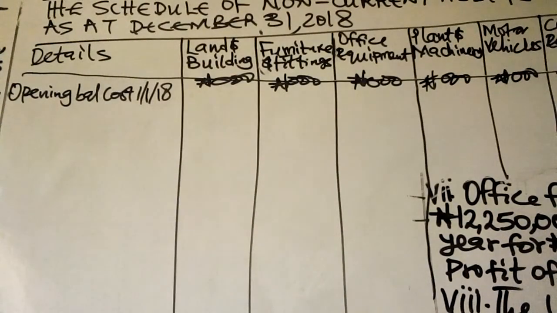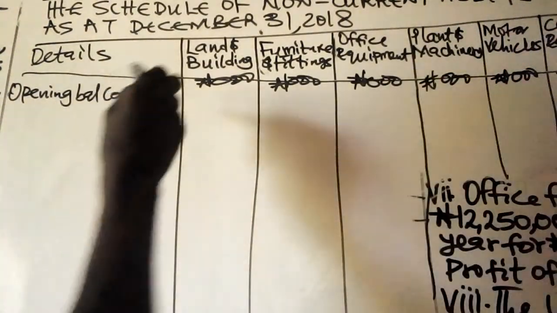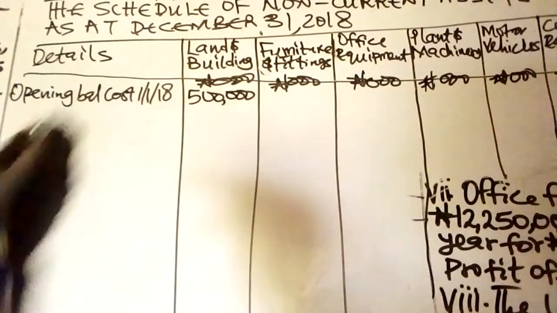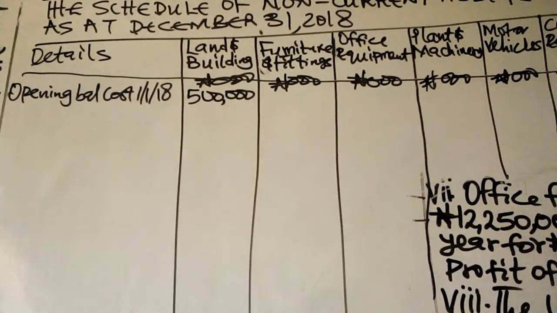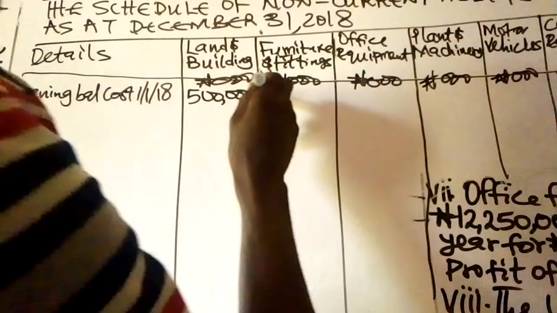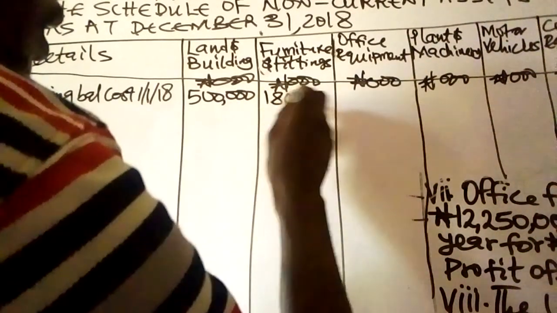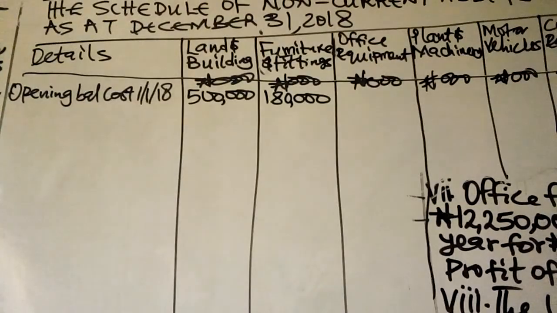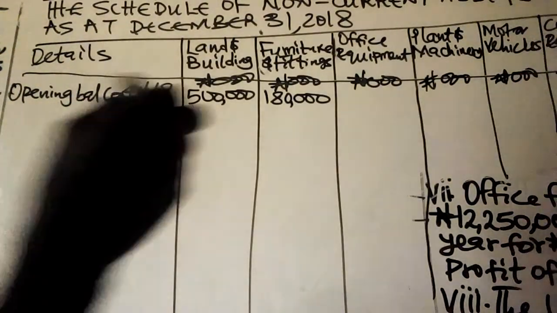So land and building 500,000. Then furniture and fittings 180,000. Then office equipment 130,000.